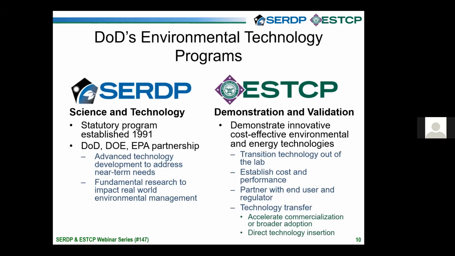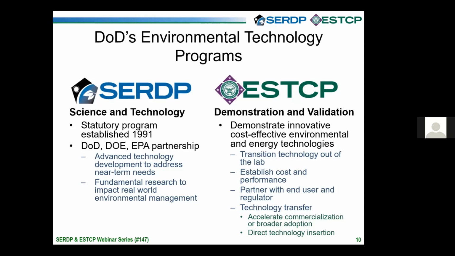ESTCP is the Environmental Security Technology Certification Program, in which innovative environmental and energy technologies are demonstrated. ESTCP investments capitalize on past investments under SERDP or other research programs and are designed to transition technologies out of the lab and into the field.